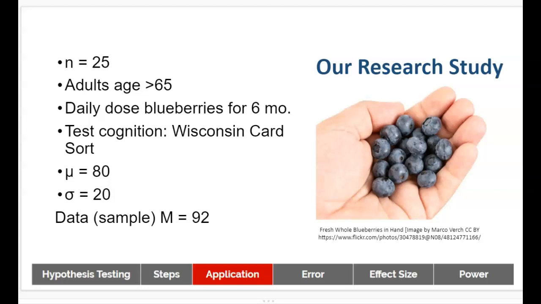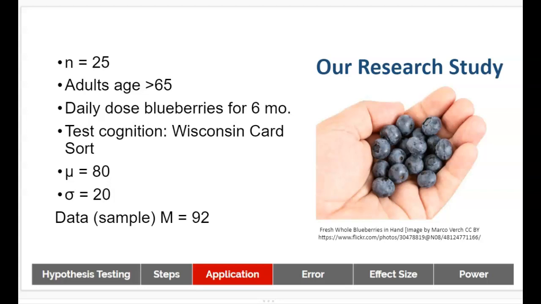I'm interested in looking at how that impacts cognition. There are a couple of standardized tests out there for cognition, and one of them is the Wisconsin card sorting task. So I'm going to have them do that. After they've been on this diet of blueberries, I give them the card sorting task.